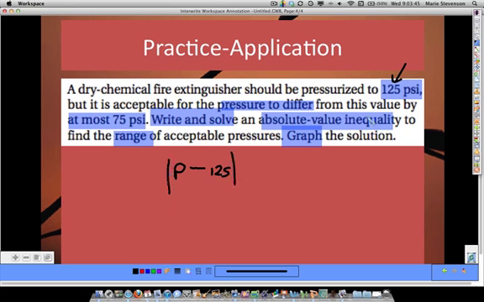Range, less than or equal to, because it says at most, and then this is the most it can differ by, so put 75 there. So there's your absolute value inequality. Hopefully you got that set up. Now let's solve it. Here's the positive, negative. Notice I flipped my inequality.